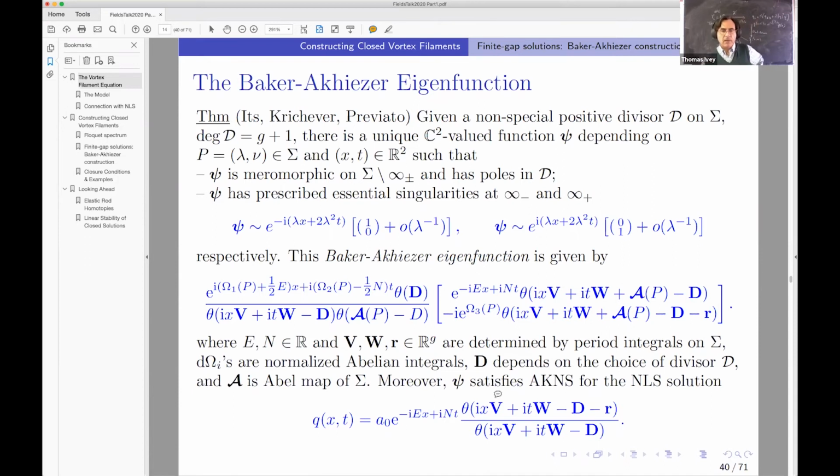And the coefficient of x here that causes q to be quasi-periodic, you can actually take care of by shifting the branch points to the left or right in the complex plane. You actually can get rid of that. So really, periodicity of q is just controlled by the components of this vector V, which are related to the B periods of certain abelian differentials on the Riemann surface.